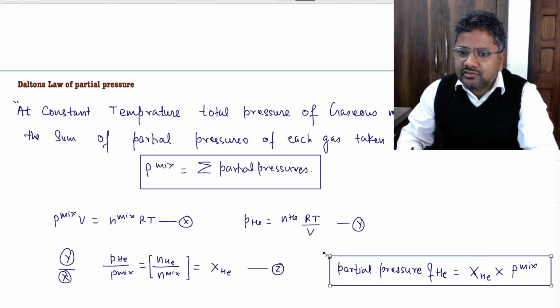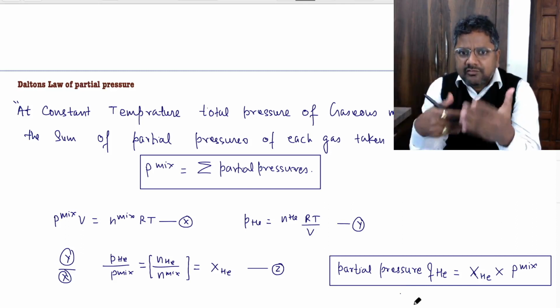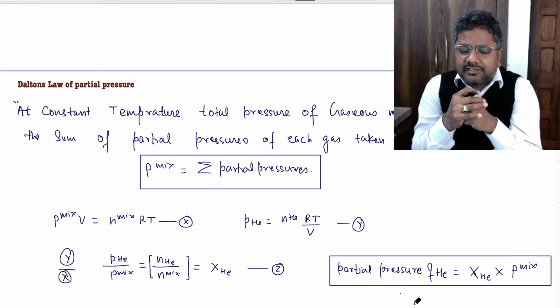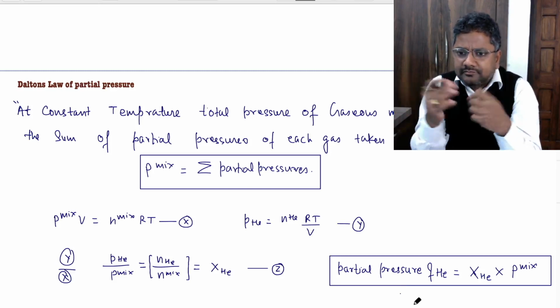So this is also not any special formula. This is also a manipulated formula coming from the equation of state. So you can say this is part of the equation of state. No problem.